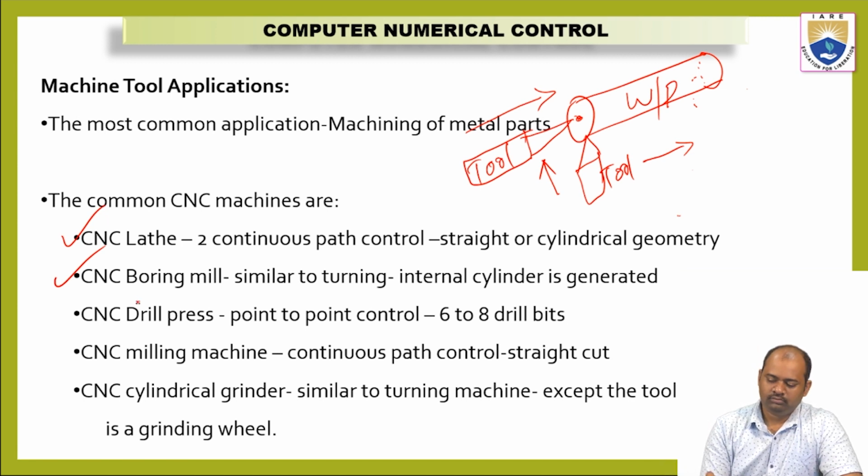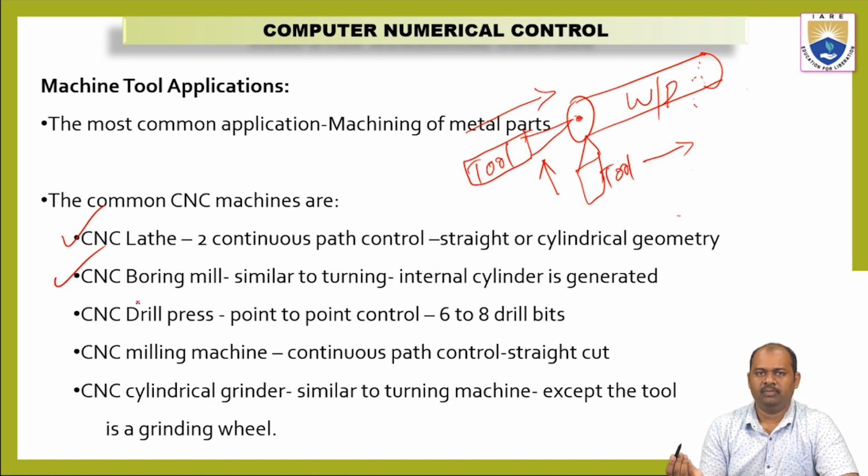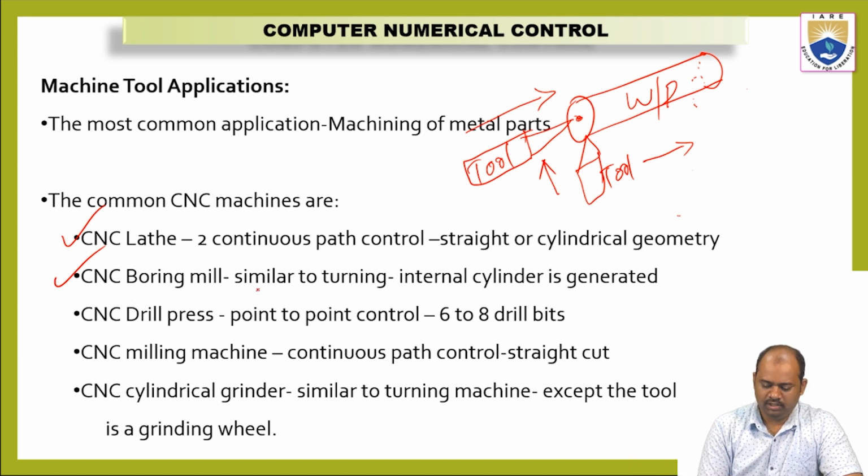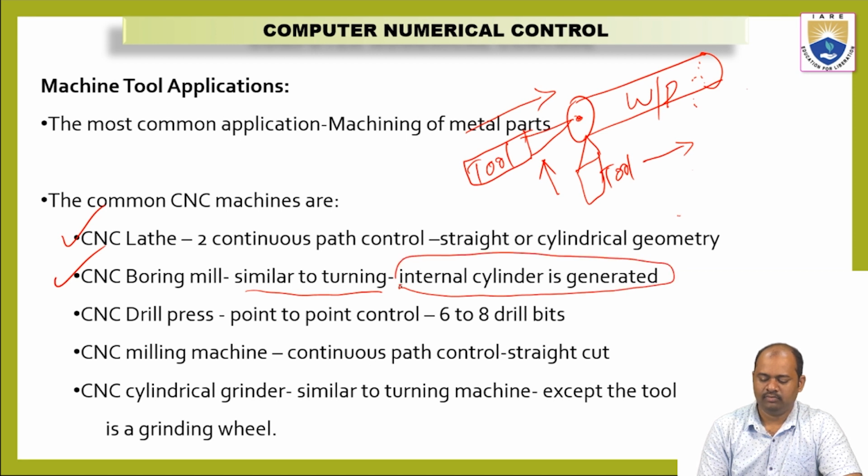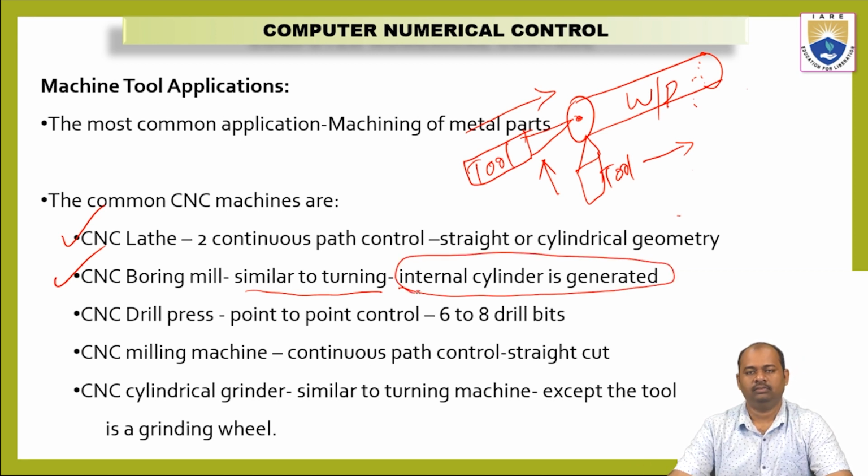If I am removing the material from the workpiece externally, that is called turning. If I have a cylindrical rod and I am removing the material internally from inside, then it is called boring. So this process is very similar to turning. An internal cylinder is generated with the boring mill process. So CNC boring can be used to manufacture an internal hole cylinder.